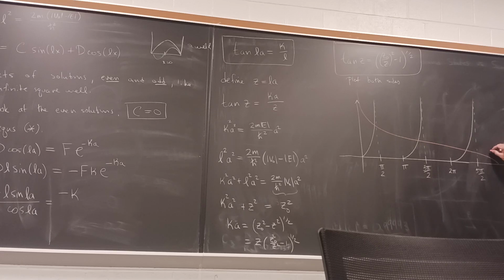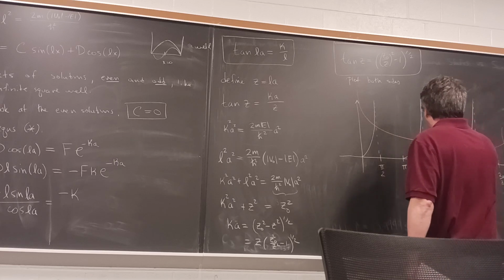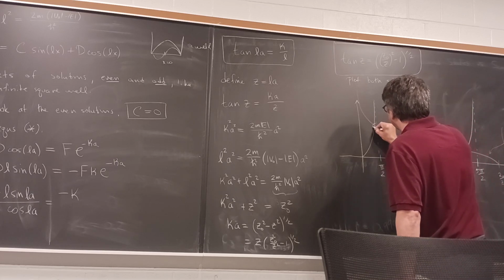So this function is the square root of Z0 squared minus Z squared, and this is right when Z0 over Z equals 1. Okay, and so the solutions are wherever they cross. Here, here, here.